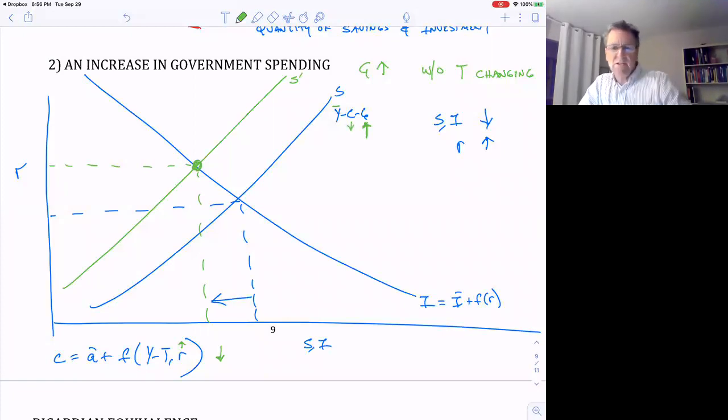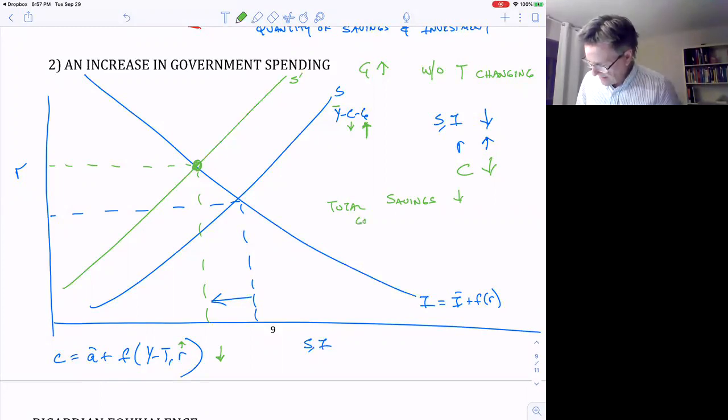Not as much as the change in government spending, though. They're not going to wash each other out. So over here we have consumption will fall. So we know total savings falls. But remember, total savings is private savings plus government savings.